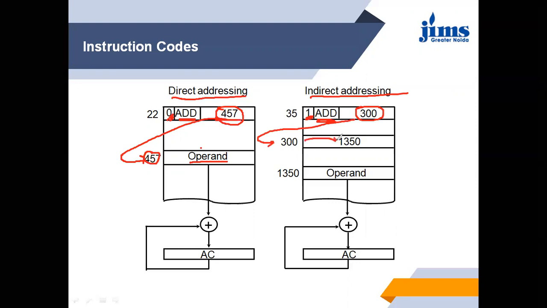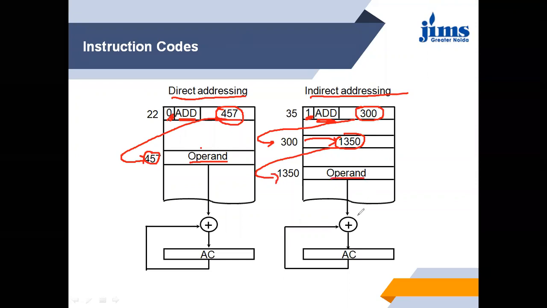There will also be an address of some other place, so this is the address of some other place of this location. Now it will access the content of this memory location and will perform the operation.